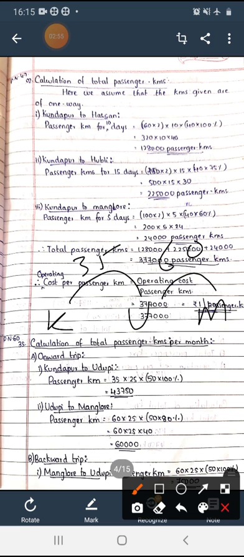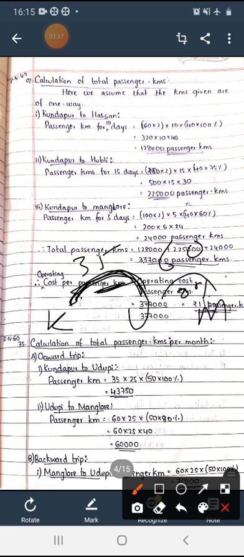The bus is full of its capacity up to Udupi. From Kundapur to Udupi the bus is full, but only 80% between Udupi and Mangalore. So at the time of going from Kundapur to Mangalore, from Kundapur to Udupi the bus is full, and from Udupi to Mangalore it is 80% full.